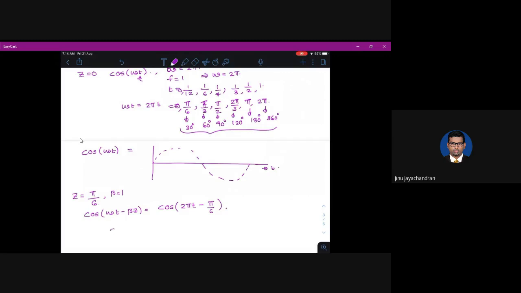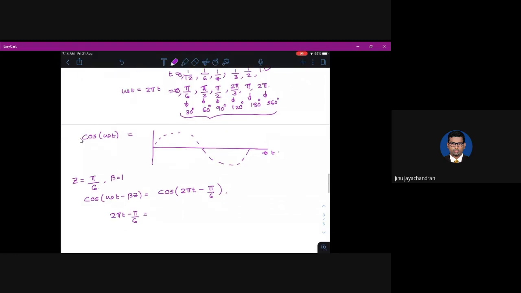So what is 2 pi t minus pi by 6, where t is equal to these values 0, 1 by 12, 1 by 6, 1 by 4, 1 by 3, 1 by 2, 1? So for t equal to 0, this will be minus pi by 6.